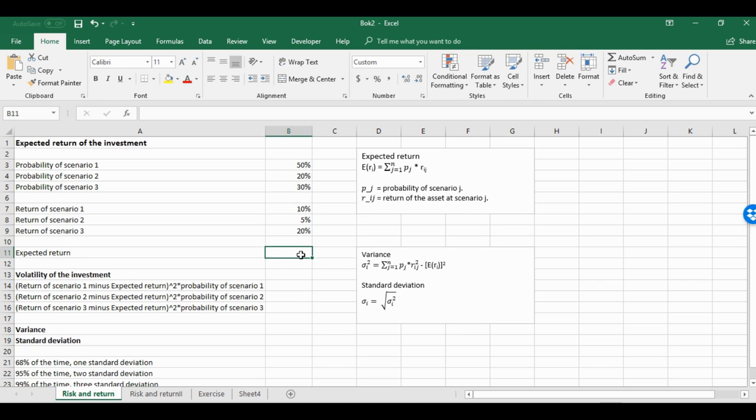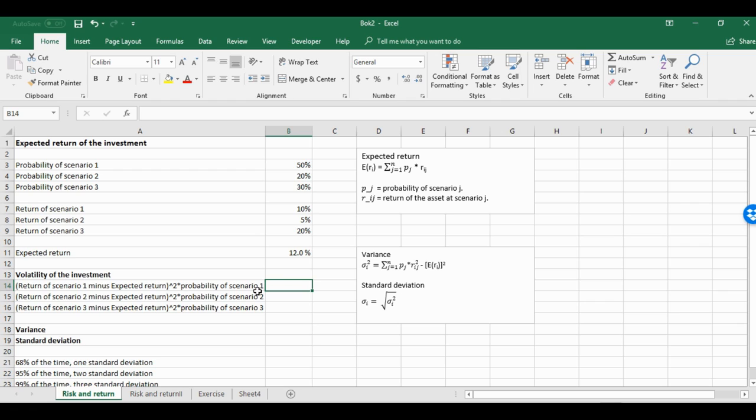The expected return is calculated by multiplying the probability of each scenario with their respective return and summing up the results. This gives the expected return of 12%.